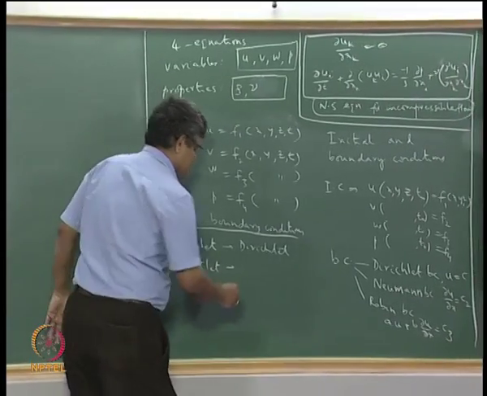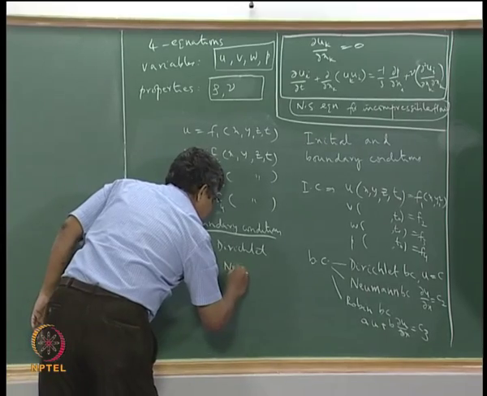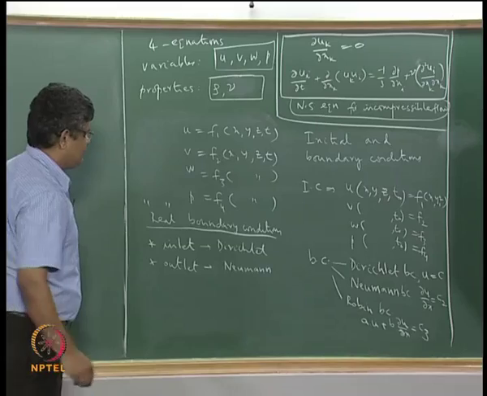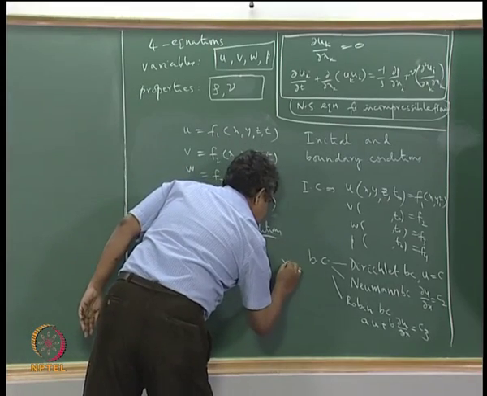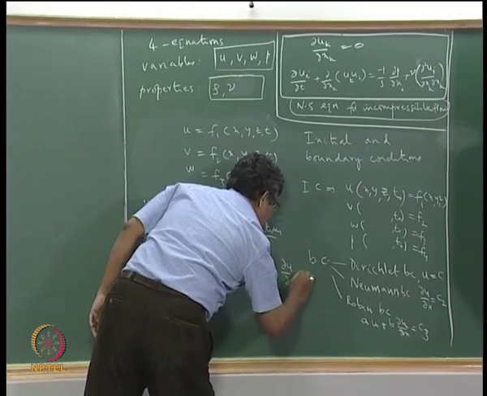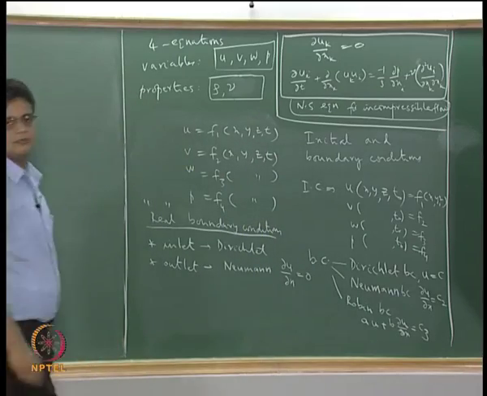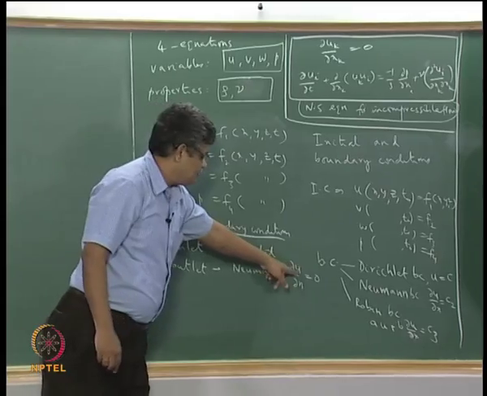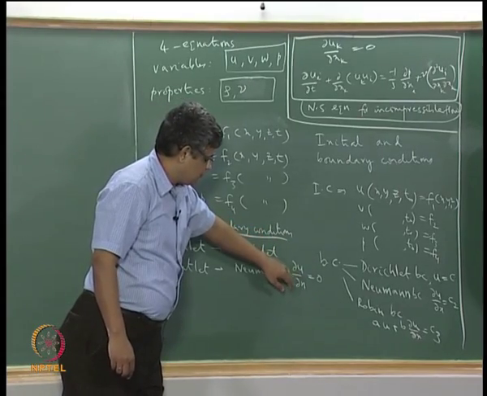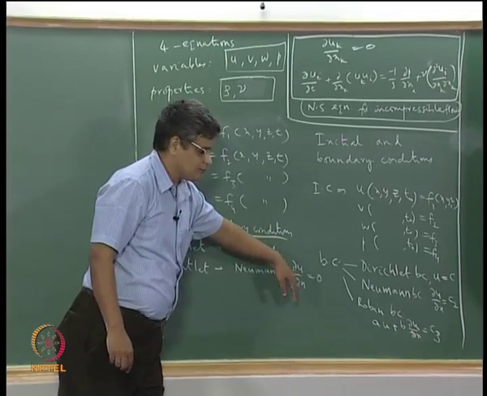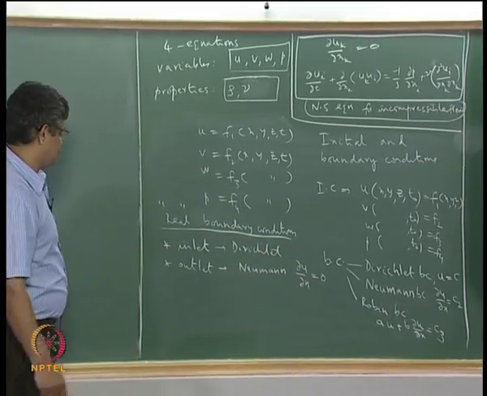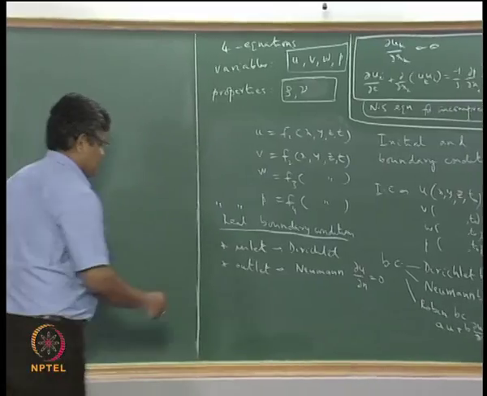This can be considered as a Neumann boundary, and essentially we may say that dou u by dou n is equal to 0, where n is normal to the outlet surface.